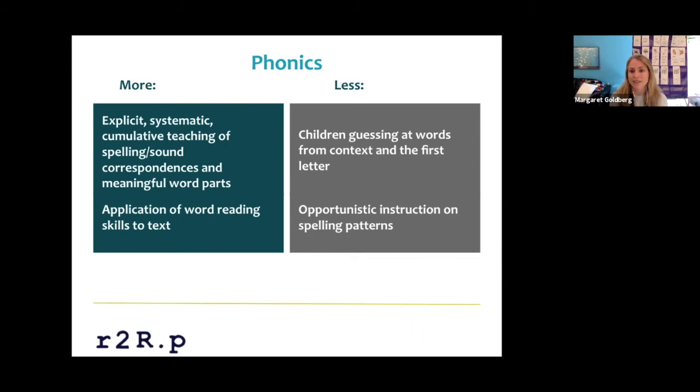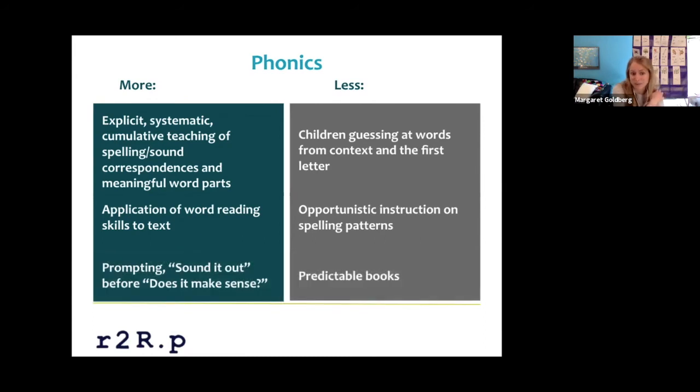So less of the, hey, this would be a handy strategy or a phonics skill for you to learn in order to be able to read this one book that I'm presenting to you. And instead operating off of a scope and sequence that moves from high utility spelling patterns to lower utility ones. And then here's the key.